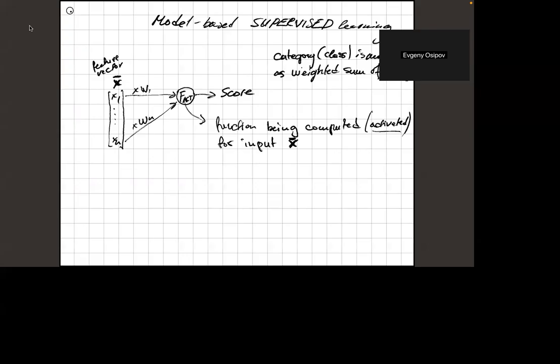So the basic model then for a score. Let's define this as a, so that will be our score. Class 1. Yes, would you like me to move the board? Oh yes, of course. You can do it like this.